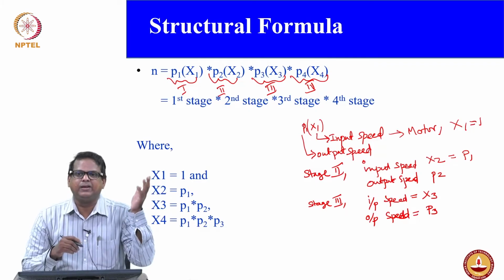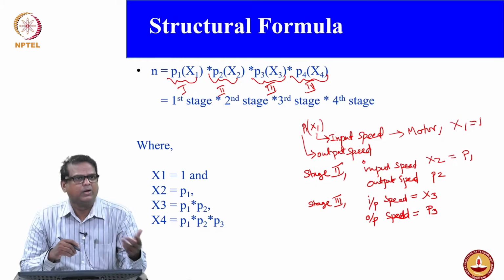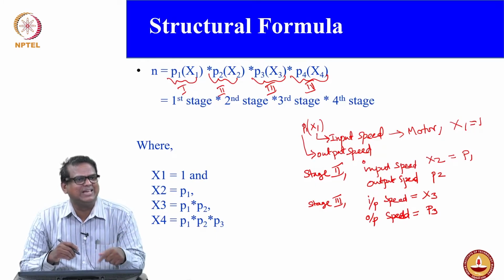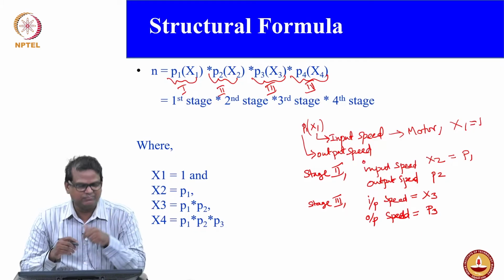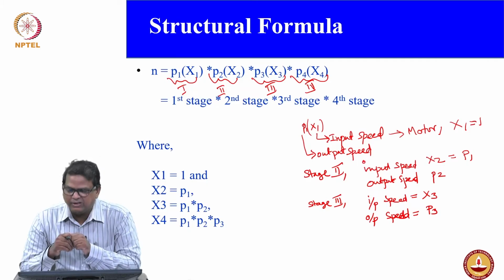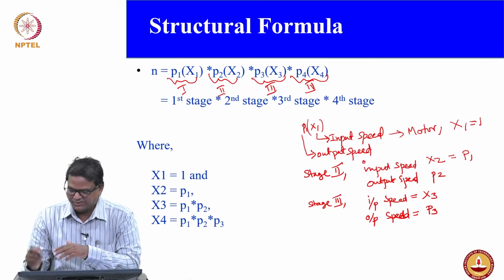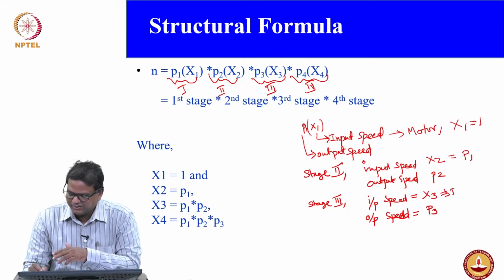Whatever the output speed of stage 2 is, it should be the input speed of stage 3. So, what is x3? It will be P1 into P2. So, that is what you see, that this is P1 into P2.